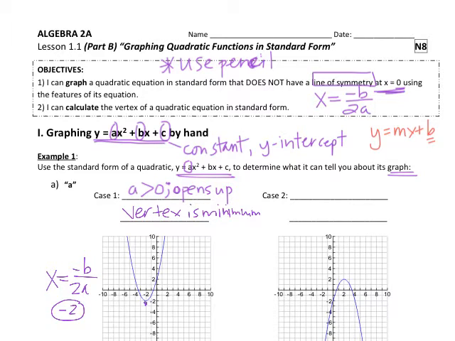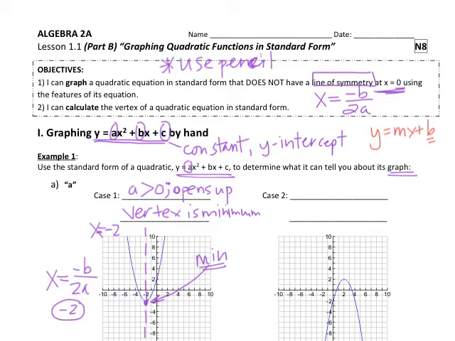Because if you take a look at where the vertex is, it is on this line of symmetry. So the line of symmetry, x equals negative 2, also has the vertex on it, and that's going to be the case every single time. The line of symmetry also is where the x value is for the vertex. And again, we can see here that this is the minimum of the graph. The graph does not go any lower than that point.